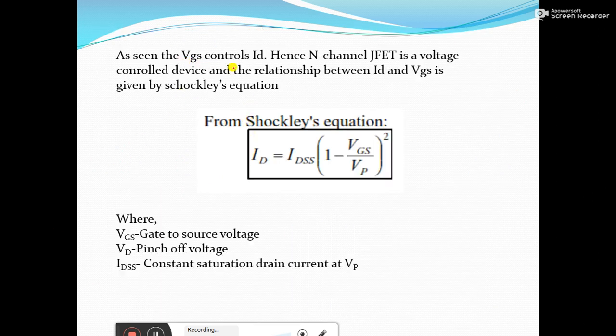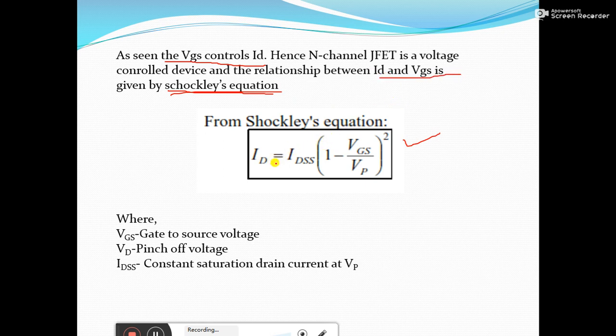The characteristics, as seen here, show that VGS controls ID. So there can be an equation. Shockley is a scientist, and he proposed an equation. This equation tells the relationship between ID and VGS.